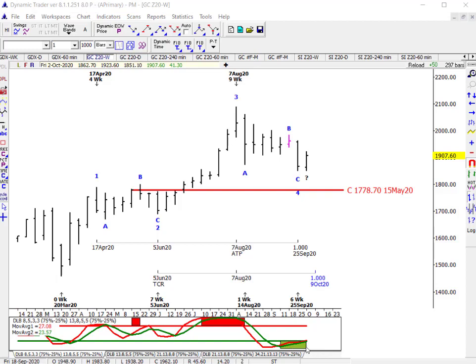Well, now we're really close to it being complete, more than likely at least, for a couple reasons. Number one, we're near the extreme of where a wave 4 correction should be. Certainly if gold made a weekly close below 1778.70, that's the recent swing closing high, that would void any potential bullish potentialities. So we haven't done that.